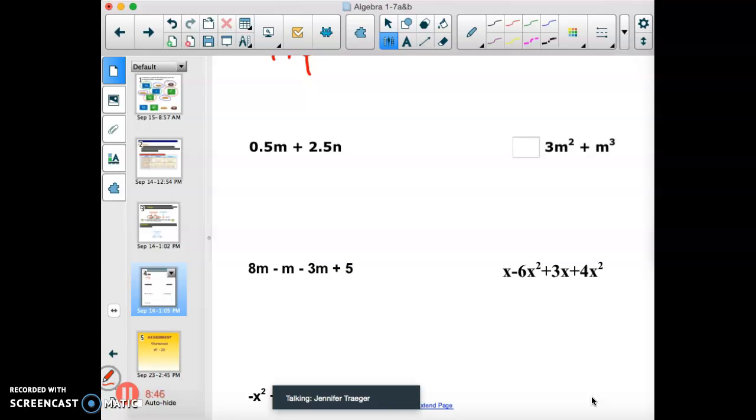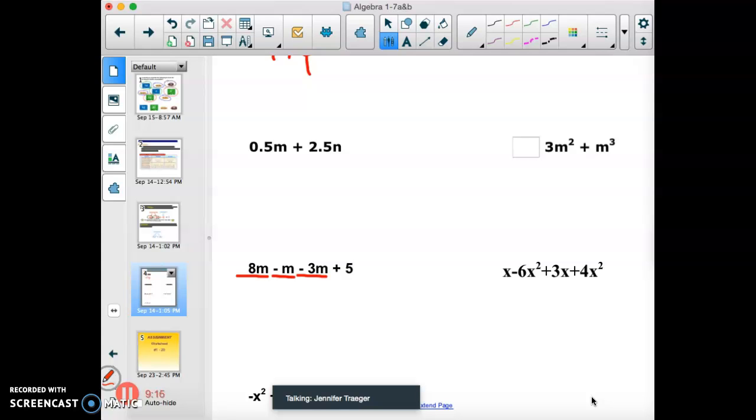Write this one down: 8m minus m minus 3m plus 5. The first thing we need to identify is, are there like piles that we need to put together? Yes, there are. You guys already are doing a good job with that. I'm going to underline all the like piles.